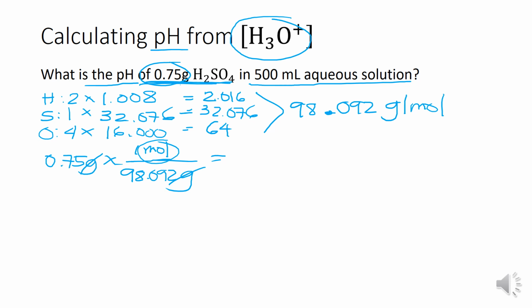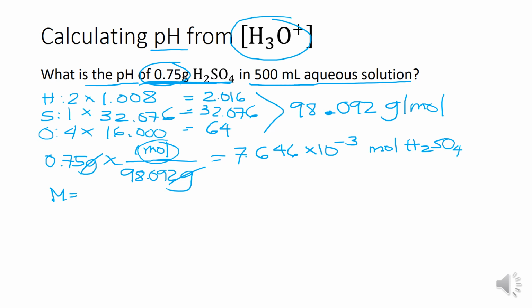That is 7.646 times 10 to the negative 3, the mole of sulfuric acid, so that is the mole of solute. We can now calculate the concentration of sulfuric acid in molarity.